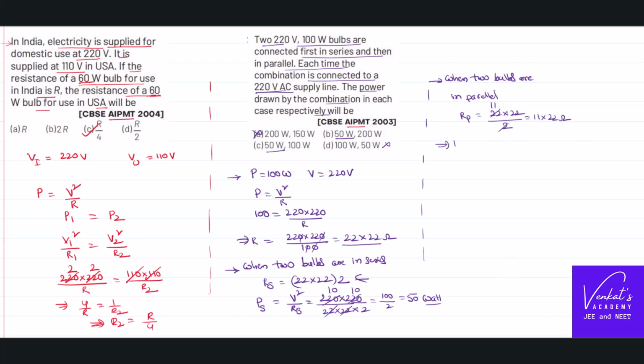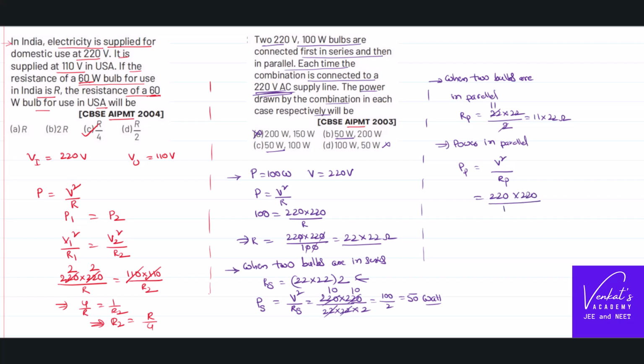That implies I can get the power in parallel as V square by the resistance in parallel. V is again 220 volts.